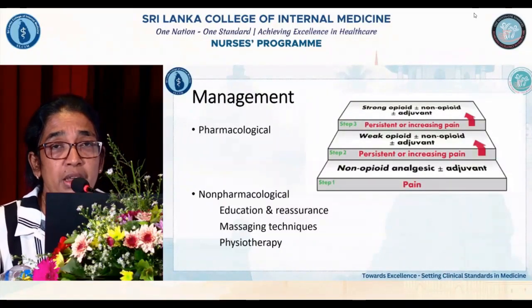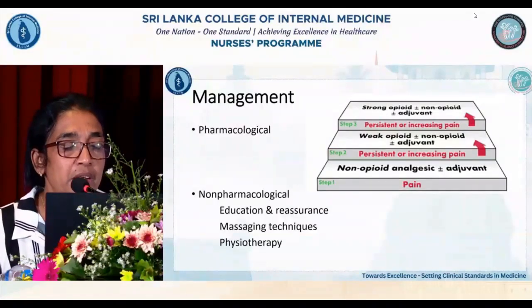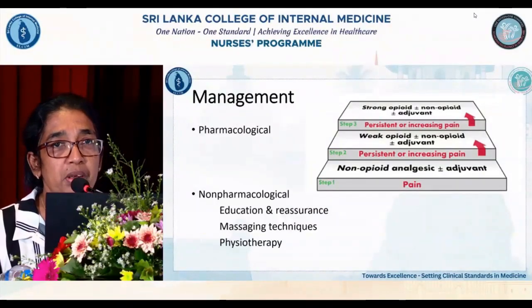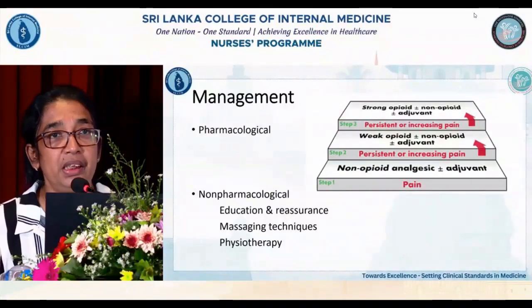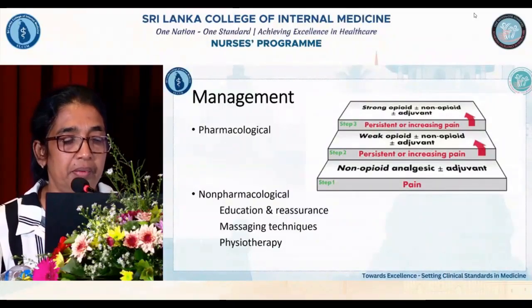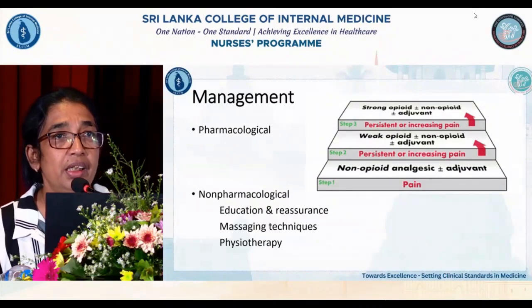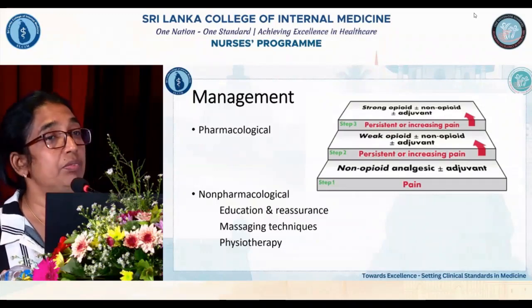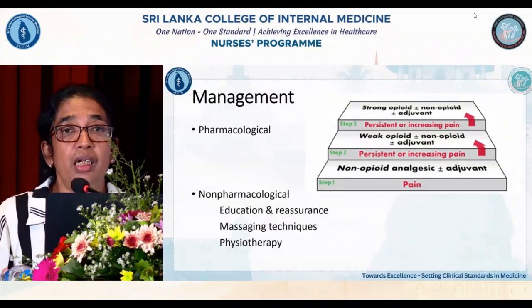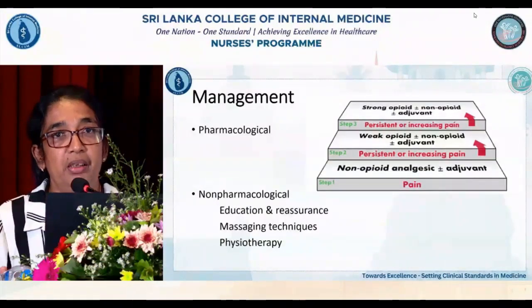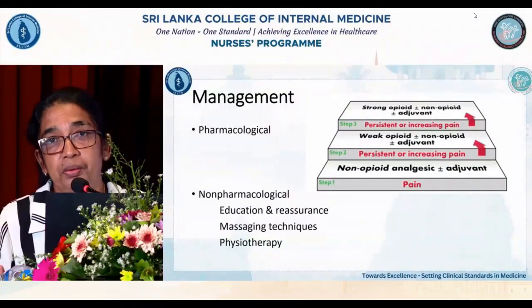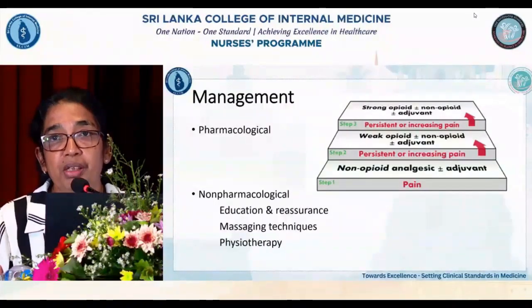In the management, the pharmacological management is where nurses are not much involved, as the doctors decide, but your assessment is very helpful for the management. We use the WHO analgesic ladder, but still the nurses have a big role, deciding when the patient has been prescribed PRN doses whether to give it or not.